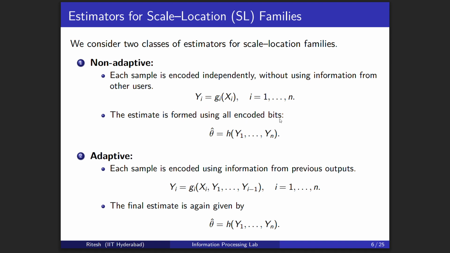Now we move to adaptive, where each sample is encoded using information from previous outputs also. Here we can see Yi depends on Xi as well as the previous outputs Y1 up to Y_{i-1}. So the final estimate is again given by this. It depends on the previous outputs itself, and that's why we refer to it as adaptive.